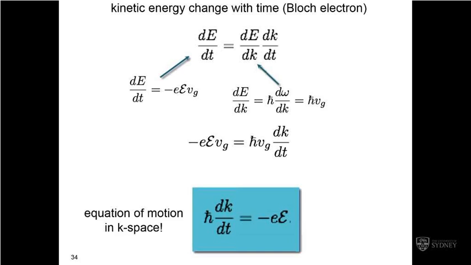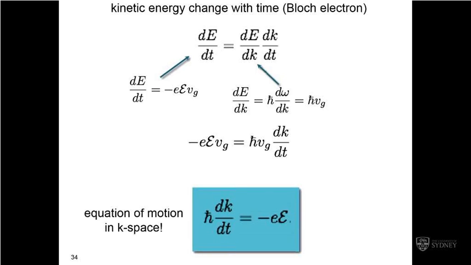And here in this case we have the energy h bar omega. So we get here dE/dk, h bar dω/dk, and this dω/dk is just the group velocity. So we get this expression here.